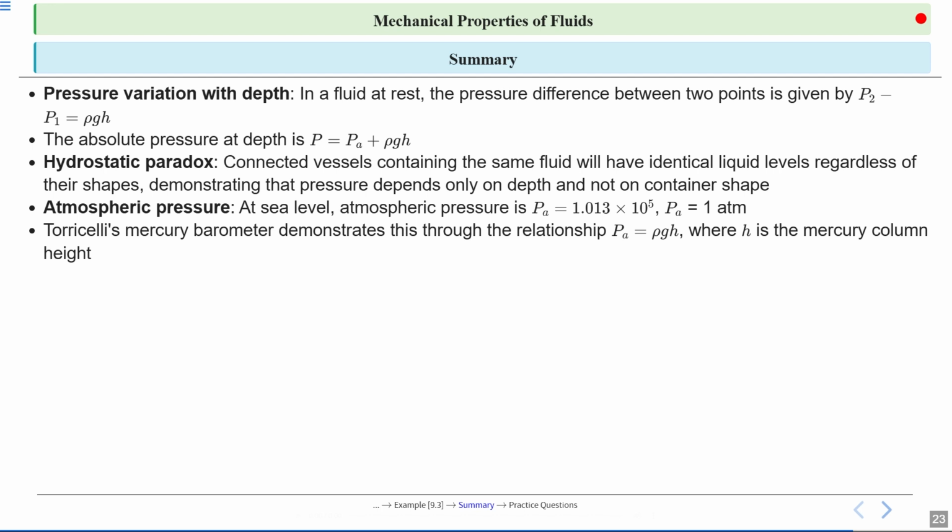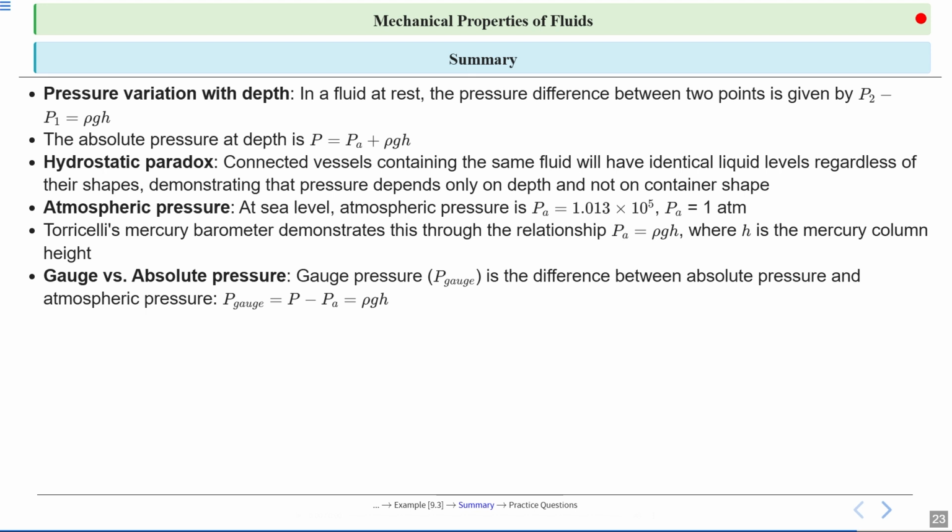Torricelli's mercury barometer demonstrates this through the relationship Pa equal to rho GH, where H is the mercury column height. Gauge versus absolute pressure: gauge pressure is the difference between absolute pressure and atmospheric pressure. Mathematically, P gauge equal to P minus Pa equal to rho GH.